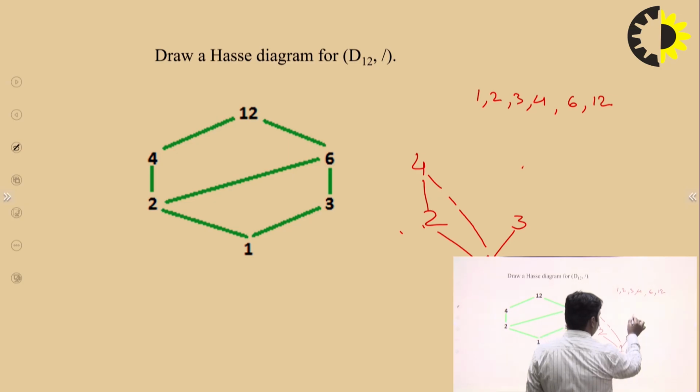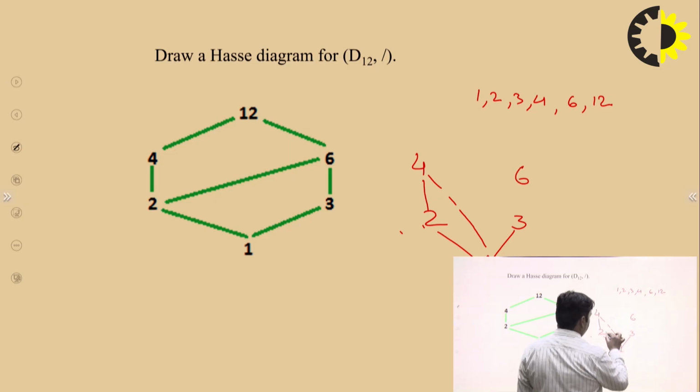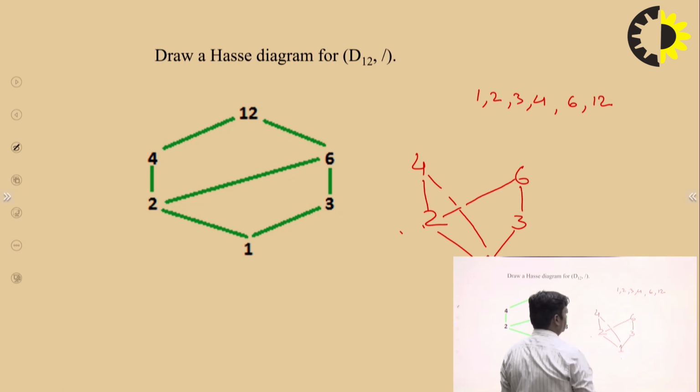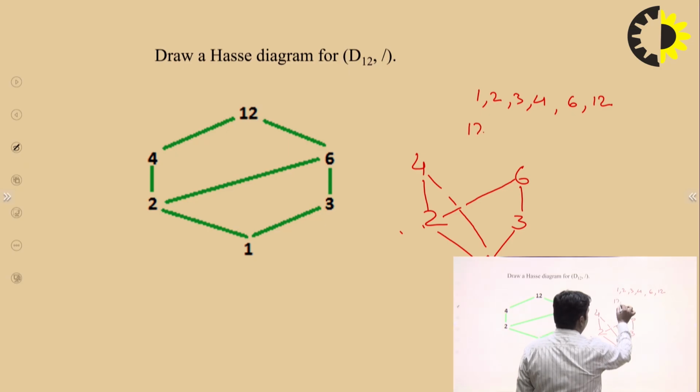Next one is 6. 6 is divisible by 2 and 3. And 12 is divisible by 4, 6, 2, 3, 1.